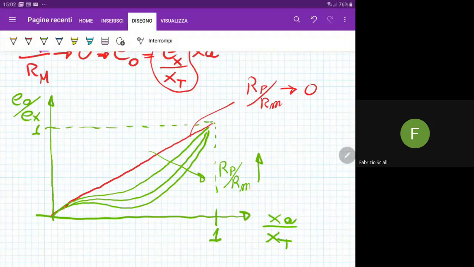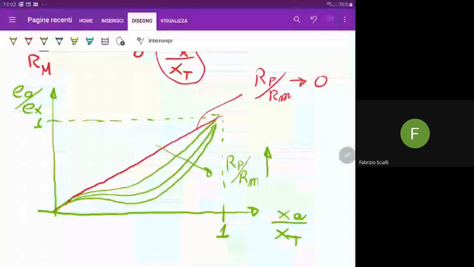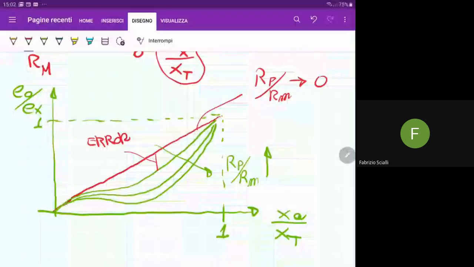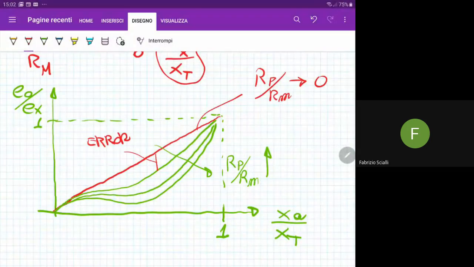Okay. And what we are having is that the deviation between the straight line here is the error. Linearity errors, as it is called. Okay. That is the error induced by a non-ideal measuring circuit in your measurement.